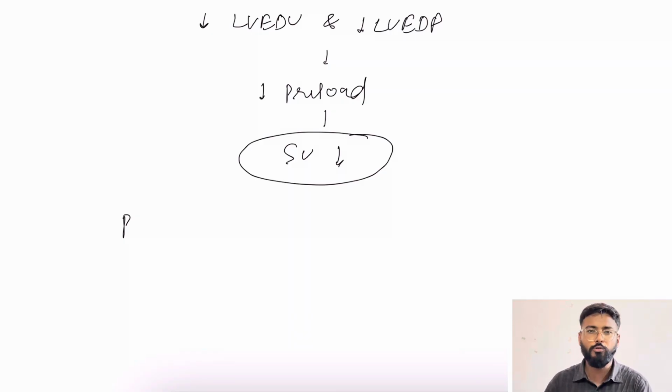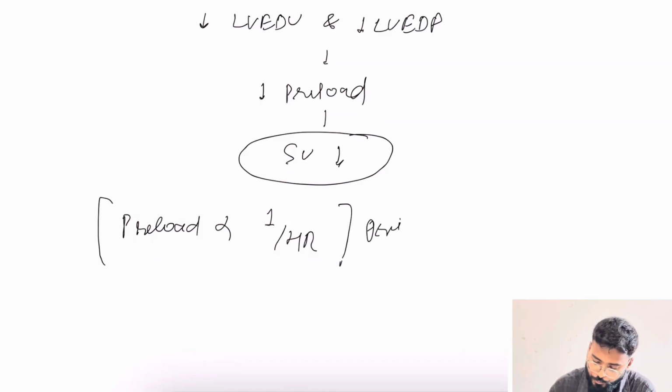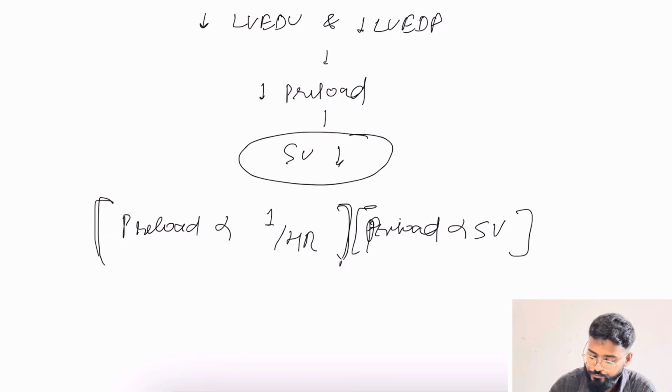Keeping all those variables unchanged, whenever there is a decrease in preload, stroke volume is going to decrease. So can we say that preload is inversely proportional to HR, your heart rate, and your preload is directly proportional to your stroke volume.